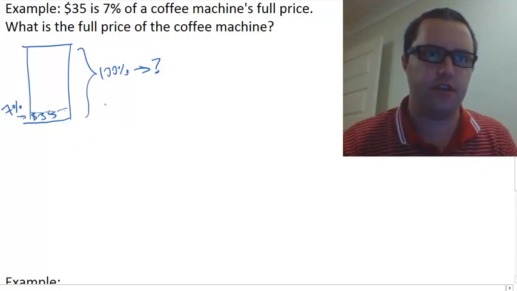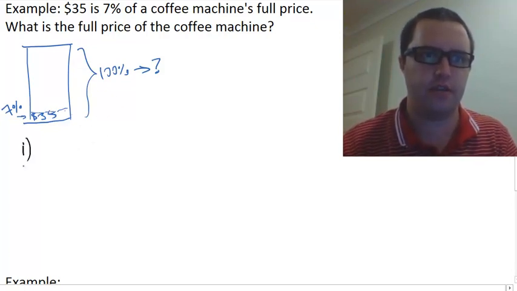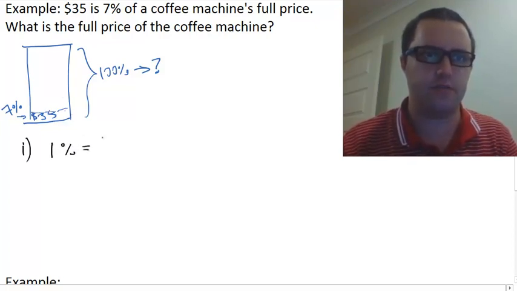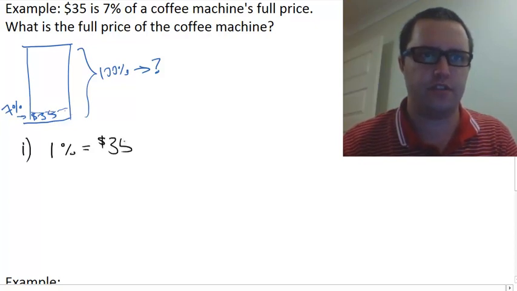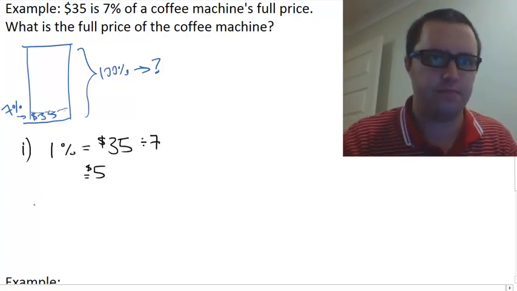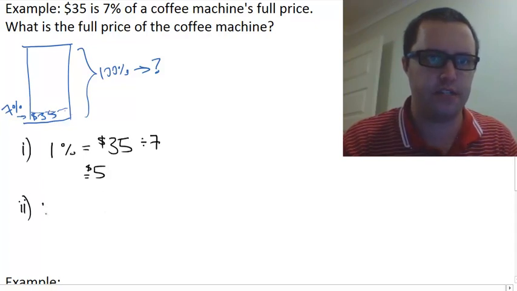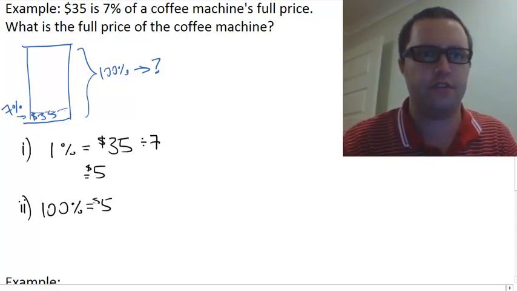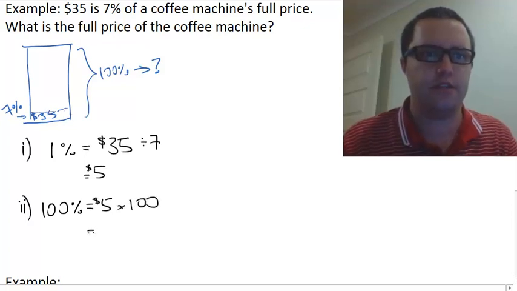First off, we reduce our amount to a unitary value. So if 35 is 7%, so 1% is equal to $35 divided by 7, which is $5. Okay, therefore, second step, we're trying to find 100%, which is equal to $5 times 100, which is $500.